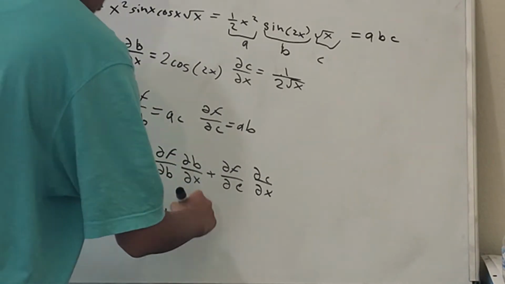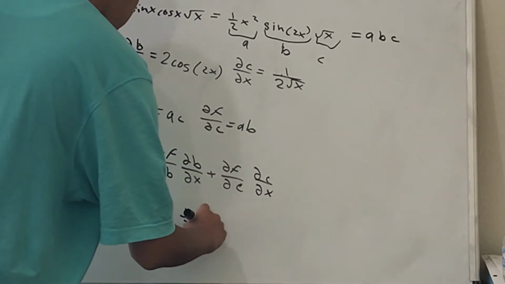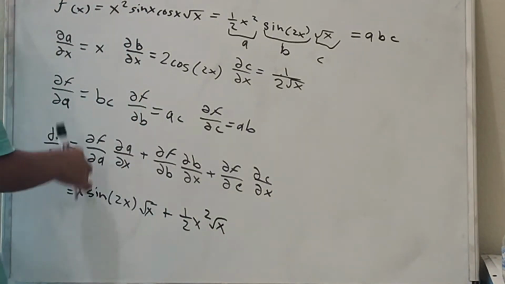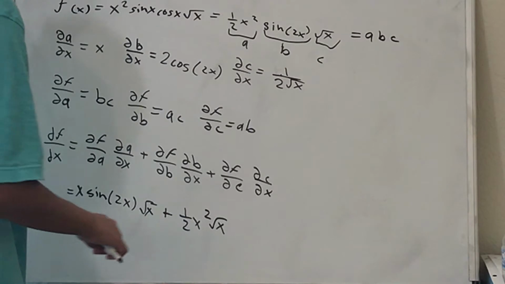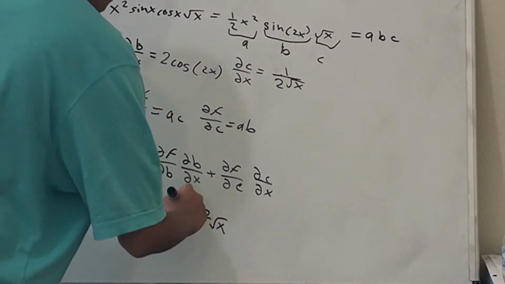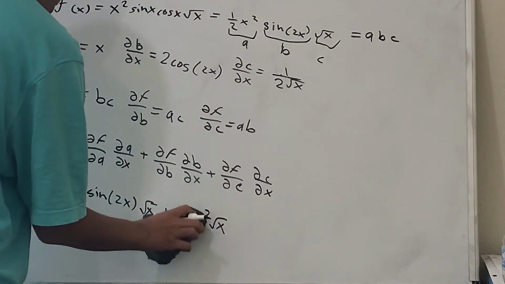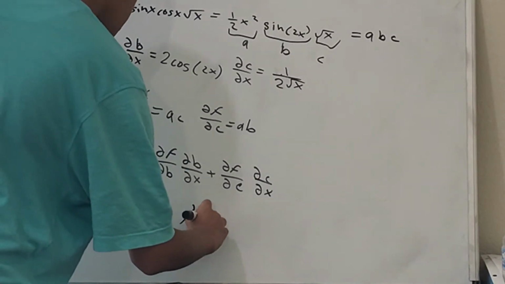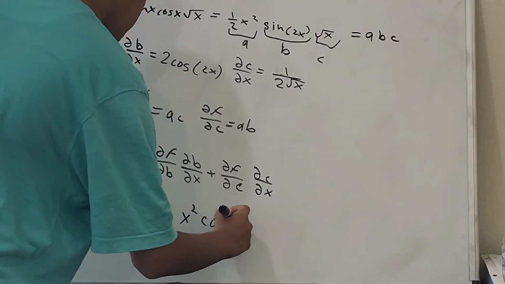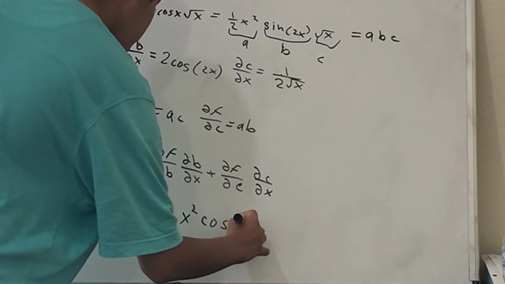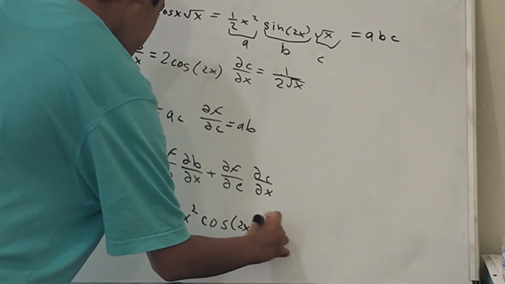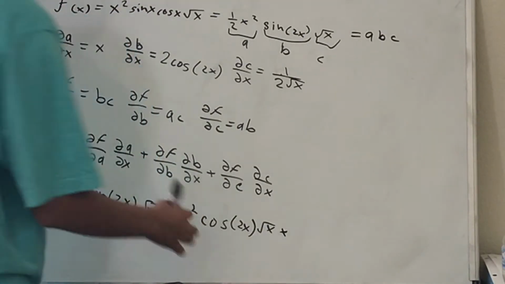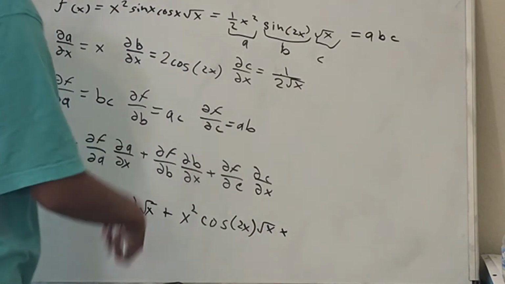So 1/2 x squared root x times this, which is right here, 2 cosine x. So the 2's cancel out, and so we get x squared cosine of 2x times square root of x, plus the final part, df/dC, which is just AB.